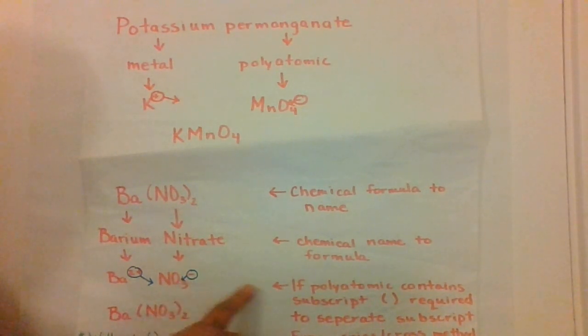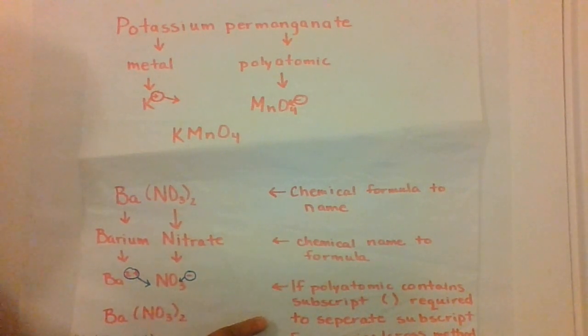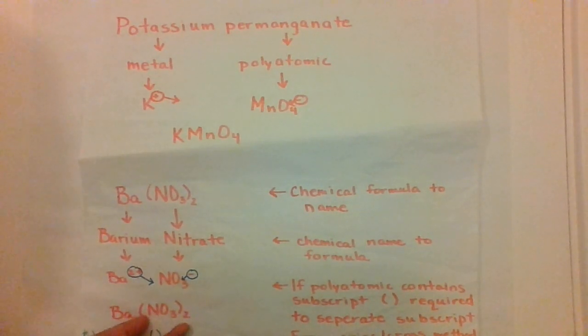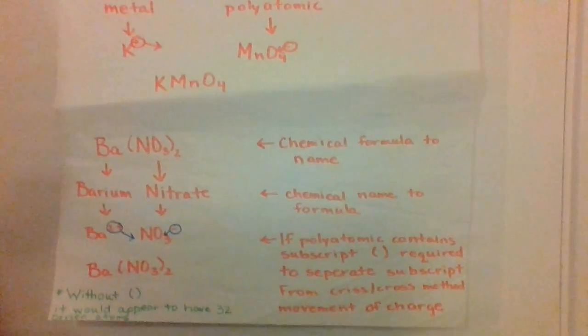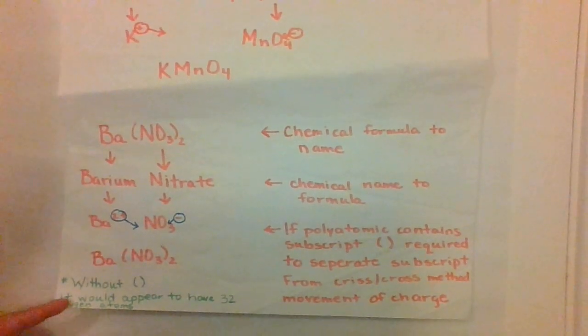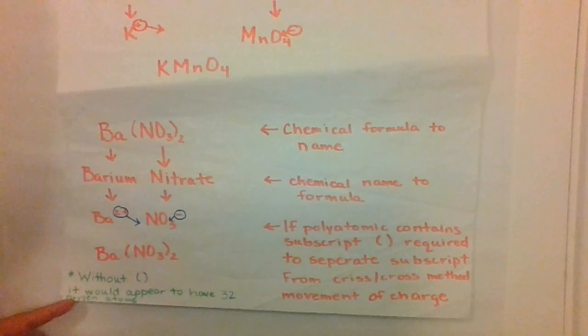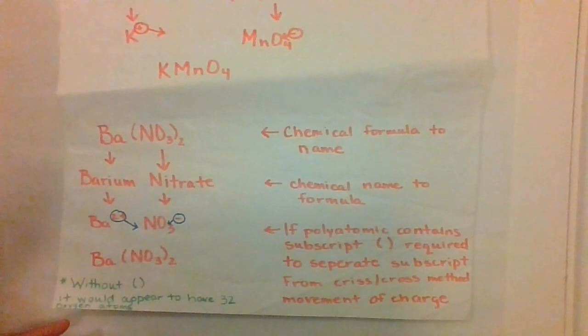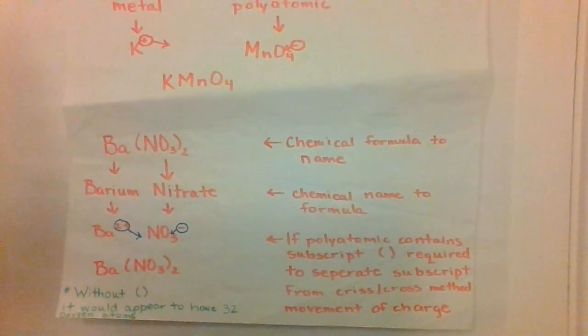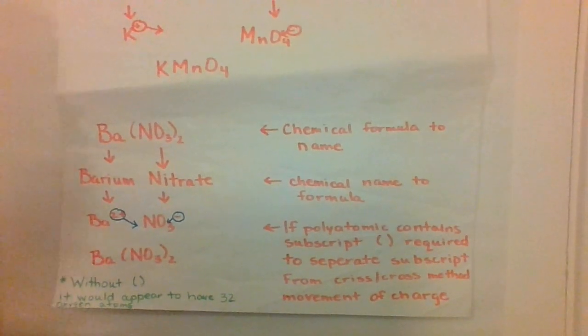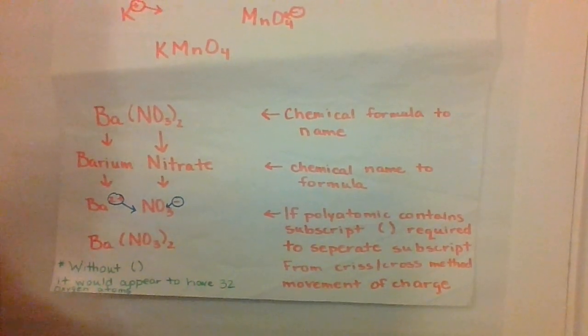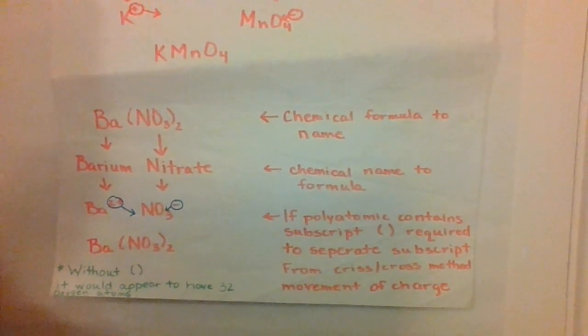We do our crisscross method as before, but remember to place our polyatomic ion in the house, because if we look at the little note here, without the parentheses, it would appear that you had 32 oxygen atoms and not just the 3.